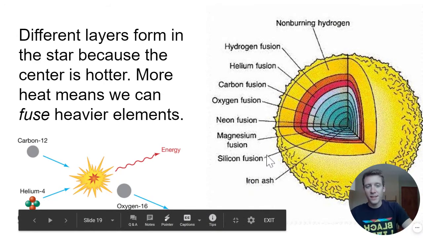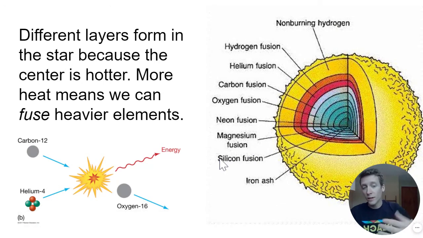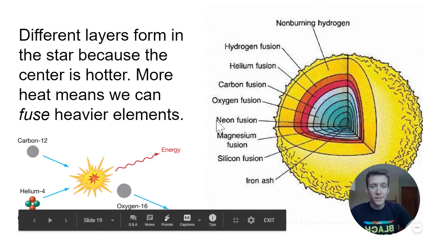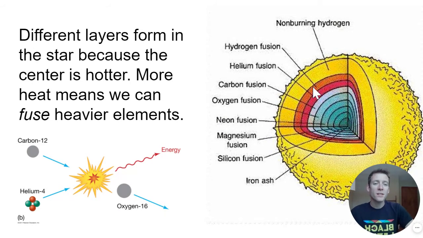Out from that we have the next heaviest, but a little lighter than iron, silicon, then magnesium, neon. It's a gradient from the heaviest elements that can be made to the lightest. And in each of these zones, a different nuclear fusion reaction is occurring. For example, in this orange zone, you can see hydrogen fusion, meaning hydrogen coming together to form something heavier. In the next one, you can see helium is what's coming together. And carbon in the next one, etc.